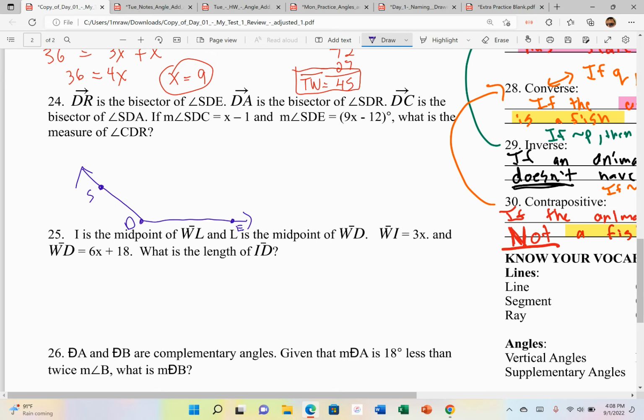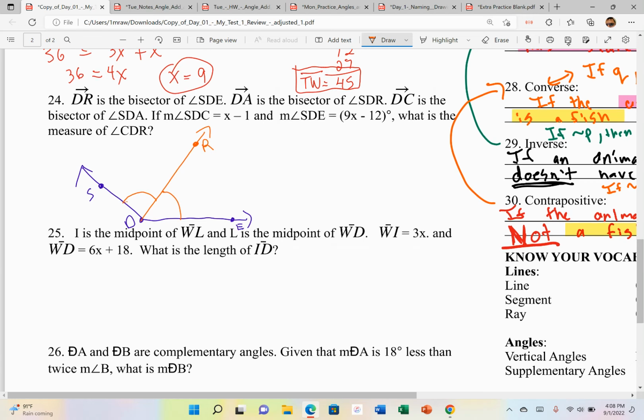DR is a bisector. That means that these two angles are congruent. You know what? Let me get rid of that real quick. I'm not going to draw those little markers. I'm going to do parenthesis markers because this one gets a little heavy, if you will.